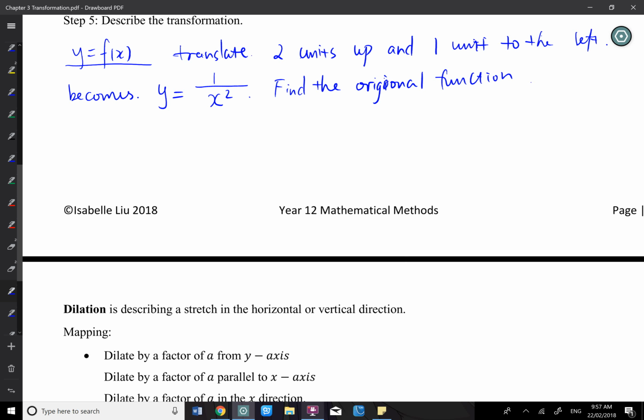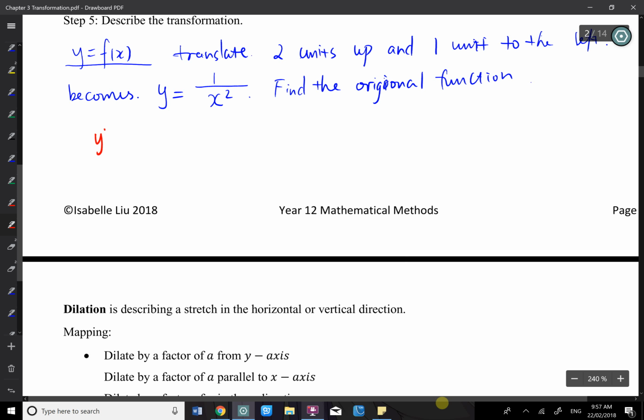That y equals 1 over x squared, is that a y, x or is it a y dash, x dash? It's y dash and x dash, right? It's a new function. We need to distinguish that. So we should say y dash equals 1 over x dash squared. I'll bracket that to make it easier to look at.